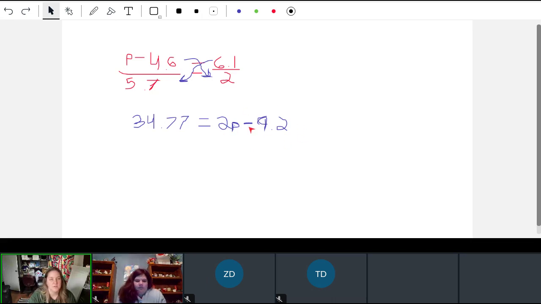Okay, so now again, the goal is to get the variable by itself. So we'll start with this number since it doesn't have any variables attached to it. Right now it's being subtracted. So 9.2 is being subtracted. To get rid of it, we have to do the opposite, which is add. So add 9.2 to this side. Let's move it over there. Good.